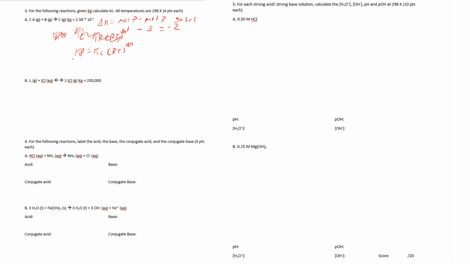So Kp is 2.58 times 10 to the minus 3 equals Kc. R was 8.314 times 298 raised to the power of negative 2. So 298 times 8.314. So this is 2477.57 raised to the power of negative 2.